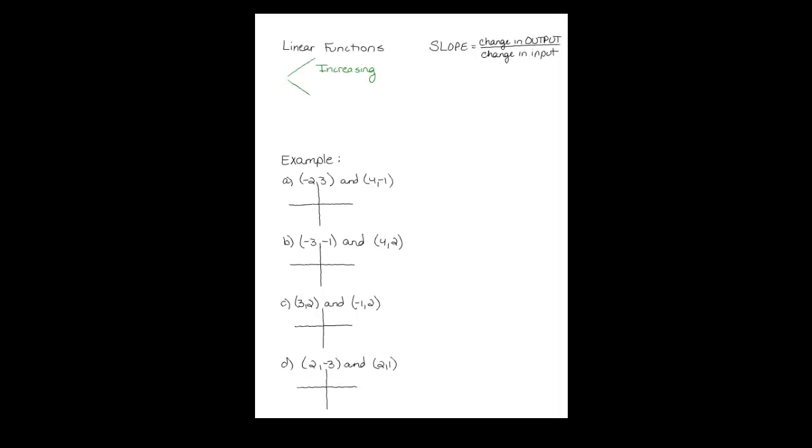It can be decreasing, or it can be a horizontal line, also called a constant function because the output remains constant all the way across the line.